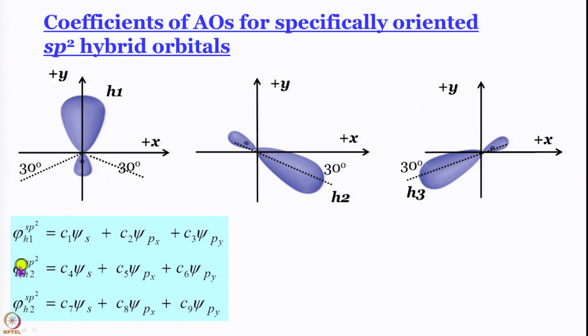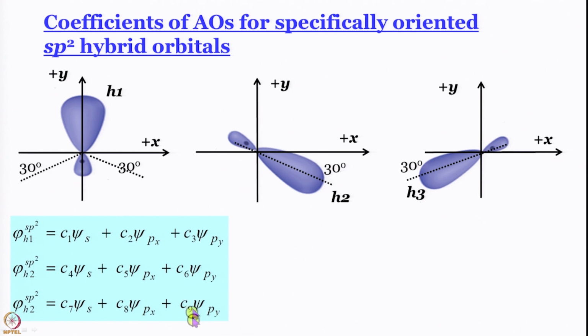So, what I am doing here is that I am writing phi for hybrid wave functions, I am writing psi for the pure atomic orbitals. So, for H1 I have written C1 psi s plus C2 psi px plus C3 psi py. For the second hybrid I have written C4 psi s plus C5 psi px plus C6 psi py. For third one I have written C7 psi s plus C8 psi px plus C9 psi py. I have just given numbers to coefficients.